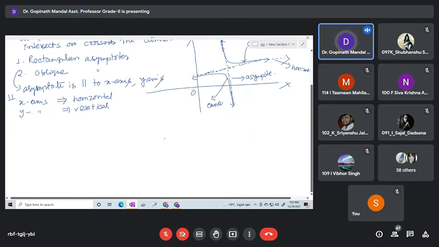Now oblique asymptotes. If any asymptote is not parallel to x-axis and y-axis, then it is called an oblique asymptote.